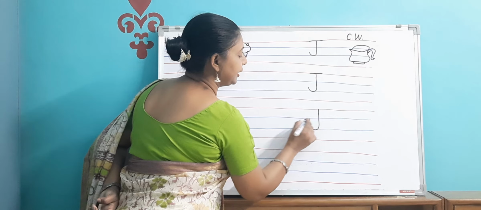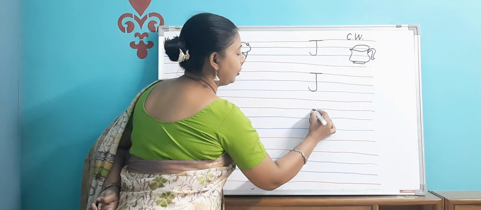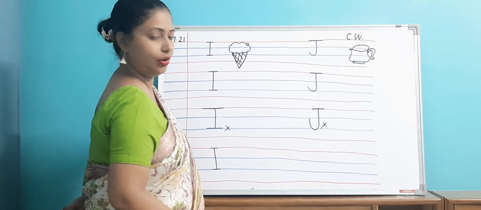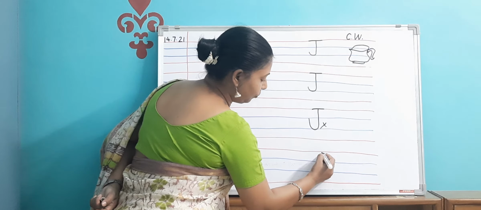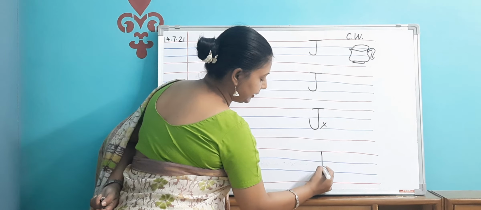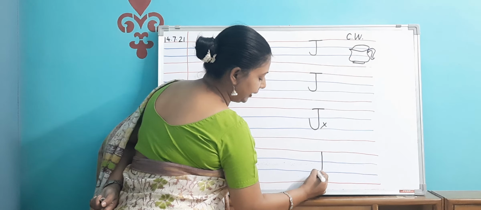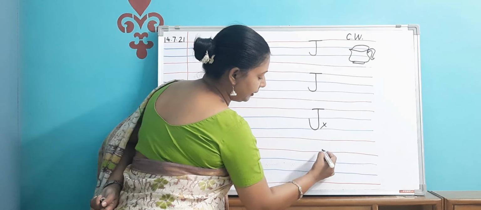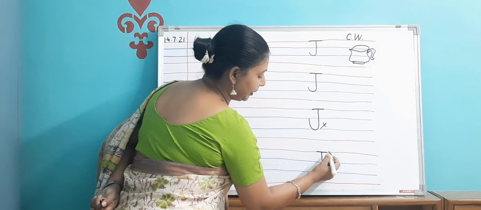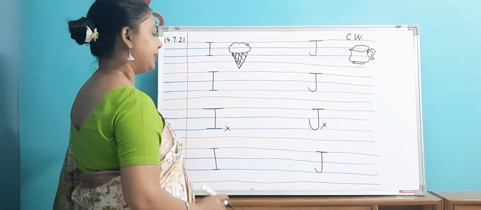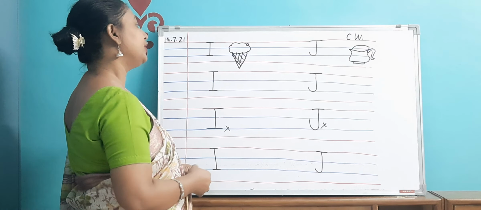Don't take your curve till the second line. If you draw like this, it is wrong. Once again watch: from the first line till the third line, draw a standing line and a little curve like this, and a sleeping line on the first line. This has become J for jug.